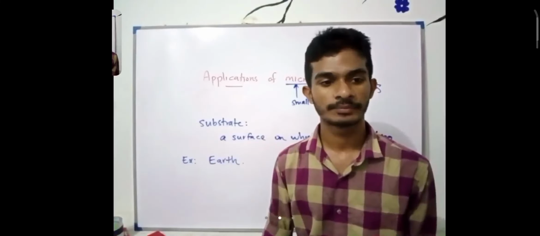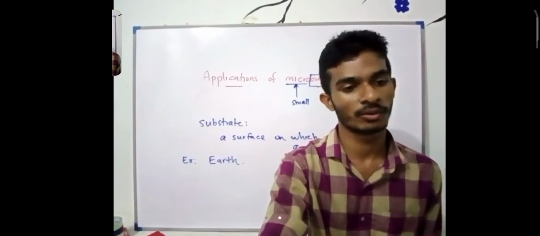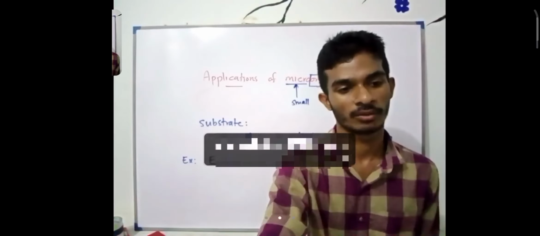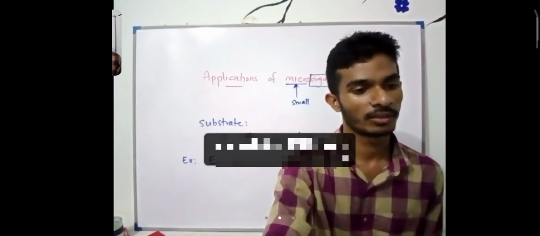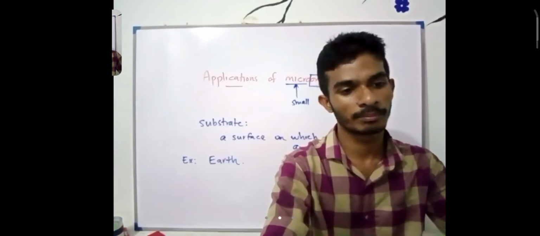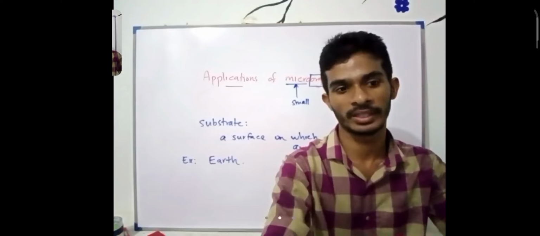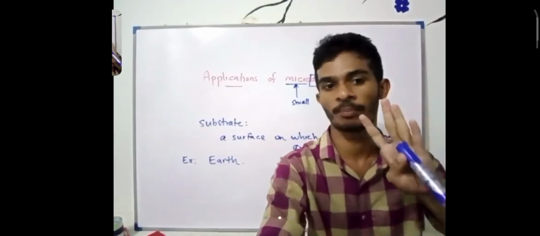Now 1.3. Are you looking at the book? Simultaneously, you have to look at the book as well. Now, effects of microorganisms. These are the subtopics we are going to look at in this unit. It has only 4 pages.